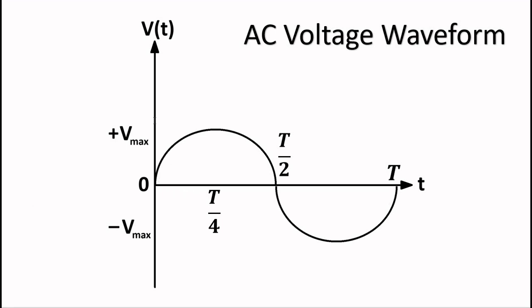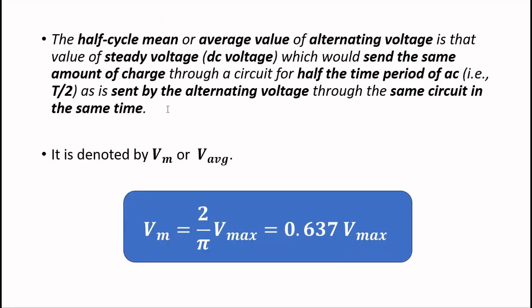What will be its equivalent DC representation? That is what we are trying to find out. The definition is the same as we considered for the alternating current, but here instead of current it will be voltage.